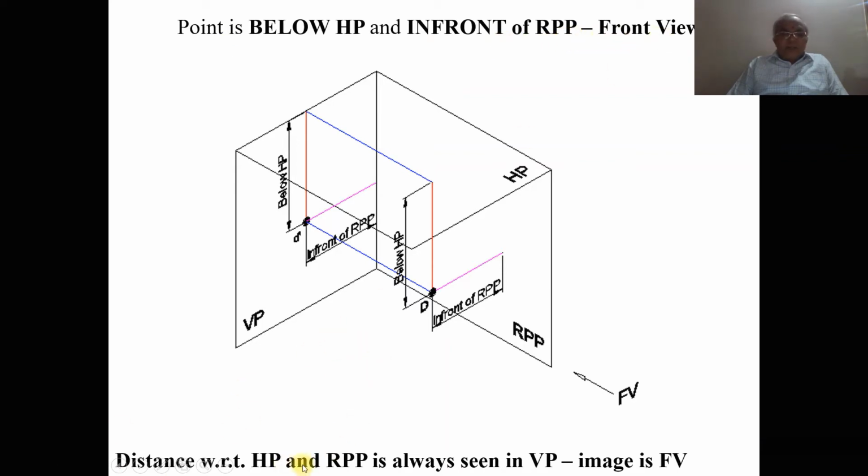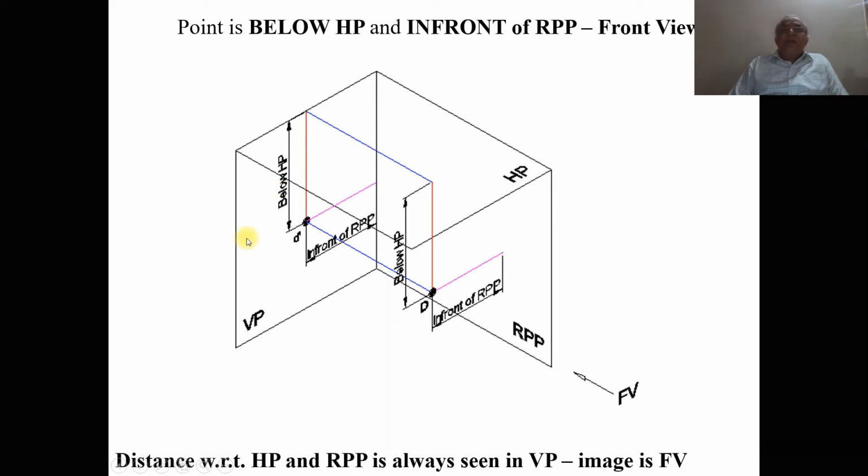The distances with respect to HP and RPP are always seen in the vertical plane, so the image is the front view. That means if the distance is given with respect to HP, you take it in VP. This is applicable irrespective of the quadrant: in the first quadrant it is the same, second, third, and the fourth is also the same.